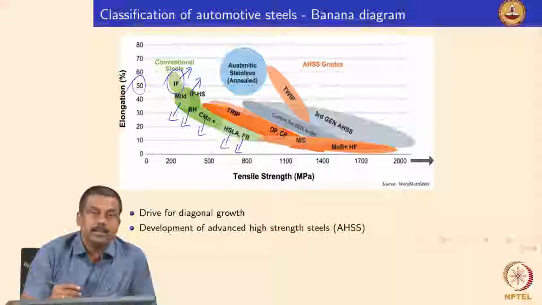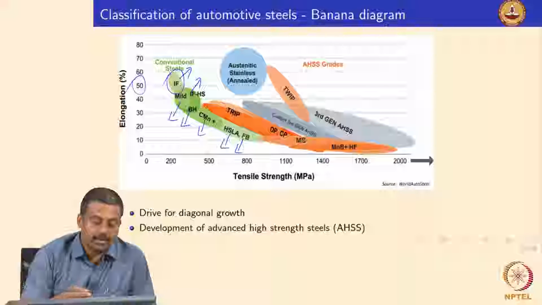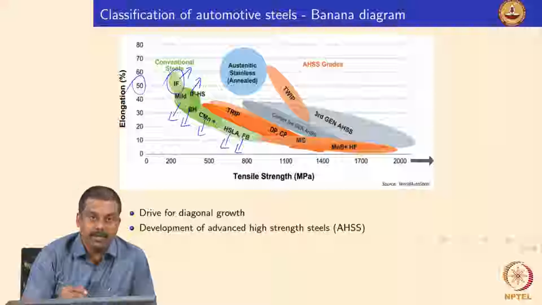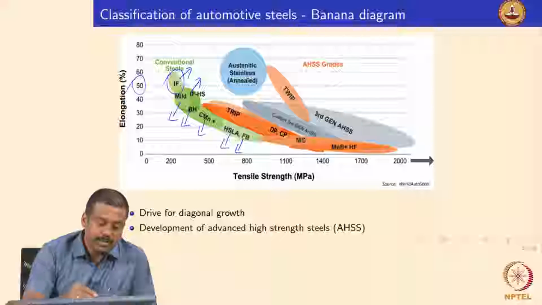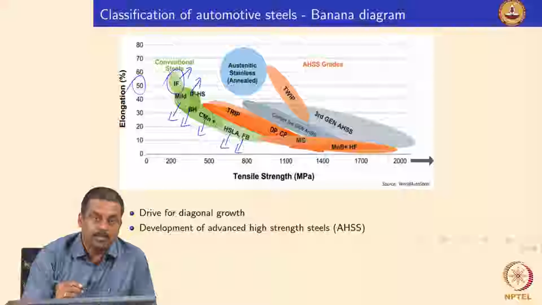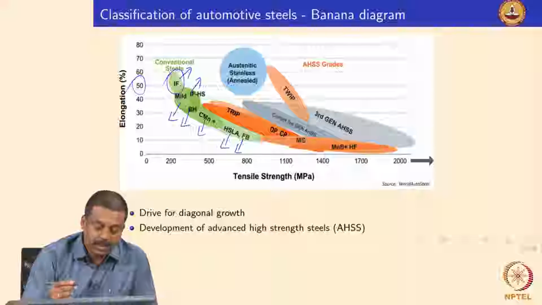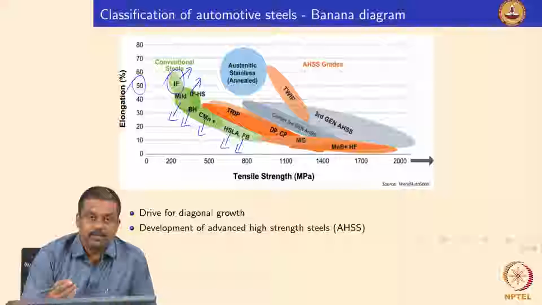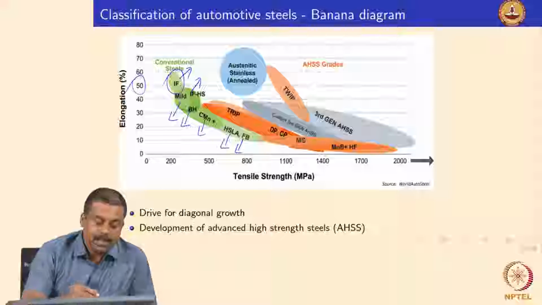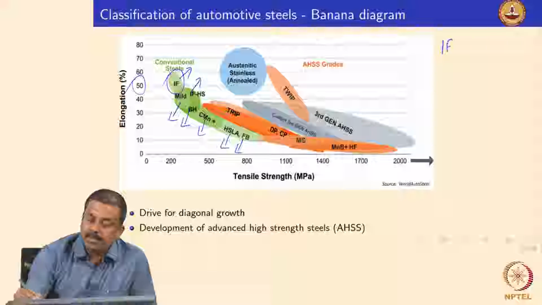These steels were easy to produce, and because of the high uniform elongation with very low yield stress, they were conventionally used in automotive industries in large amounts. The microstructures are very simple, either ferritic or ferritic-pearlitic. IF steel is known as interstitial free steel.